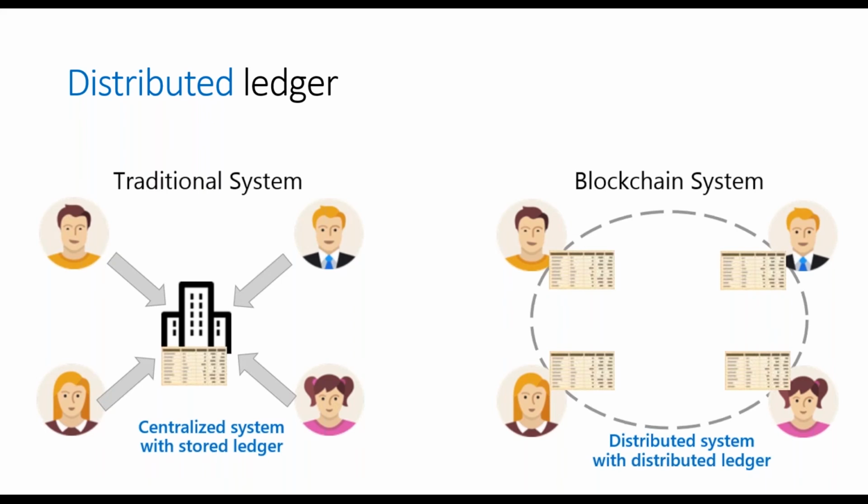We are all familiar with the traditional system where we rely on a central authority to authorize some form of transaction. Think of the most common use case, when we make a payment with a credit card or when we withdraw some money from a cash machine, an ATM. We typically interface with a credit card institute or with our bank, and this is the central authority that grants access to funds, to our money, so that we can transfer it to another person, to another entity.